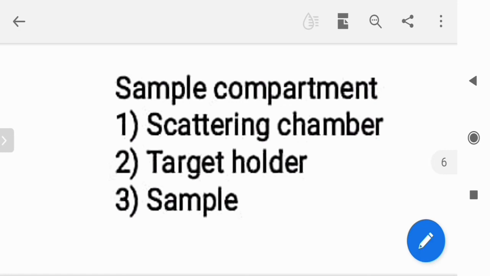In the case of archaeological or soil samples that are not homogeneous, the sample is ground into a fine powder and mixed with some carbon powder to form pellets.